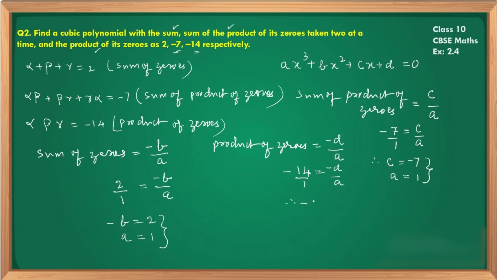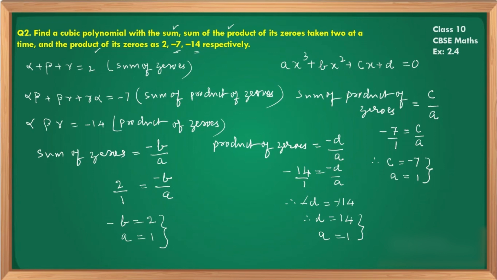Therefore minus d is equal to minus 14. Therefore d is equal to 14. This minus and this minus get cancelled, and a is equal to 1. Here also you can observe that a value is 1 in all these 3 stages.